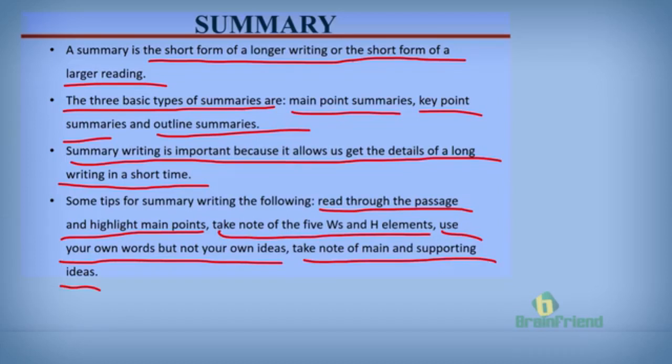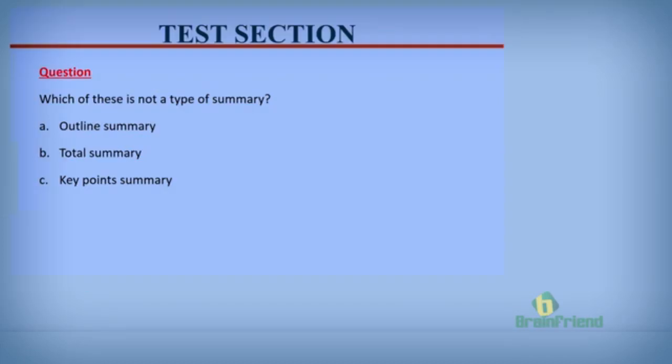Now let's look at our test for today's lesson. Our question for today says, which of these is not a type of summary? A, outline summary, B, total summary, or C, key points summary.